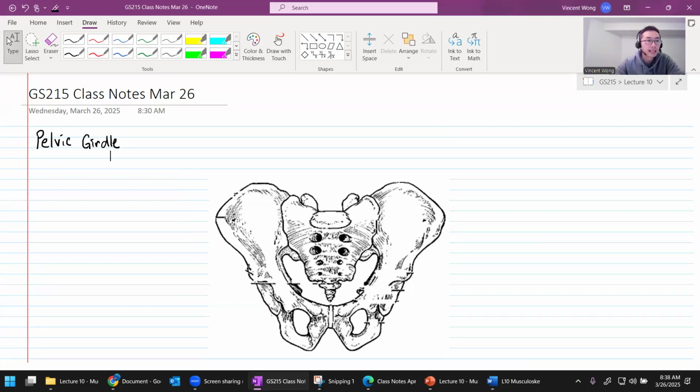And like I said, the pelvic girdle is made up of various bones here. At the back, we have the sacrum.